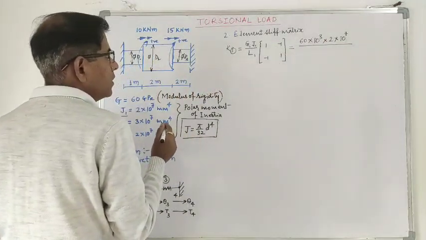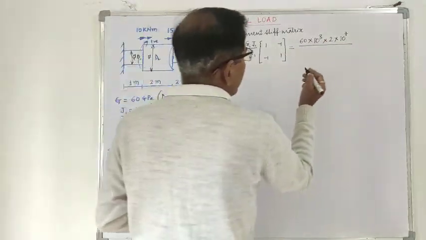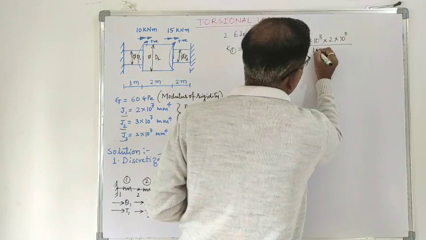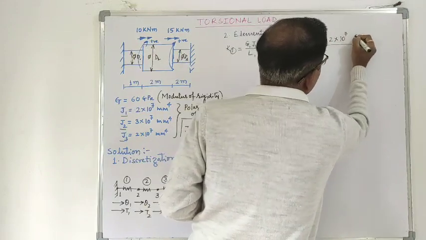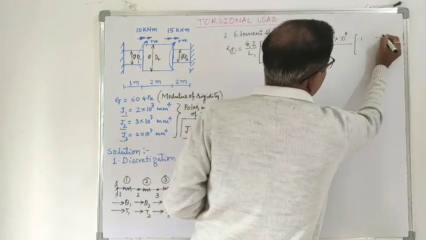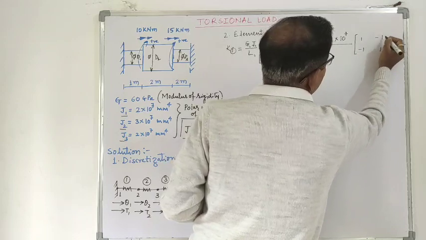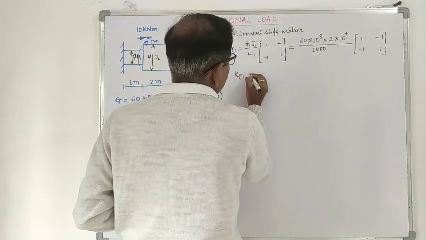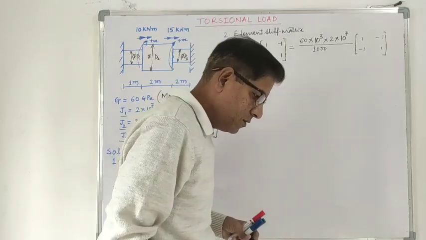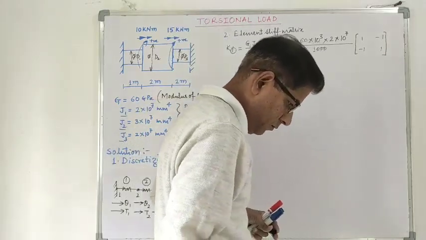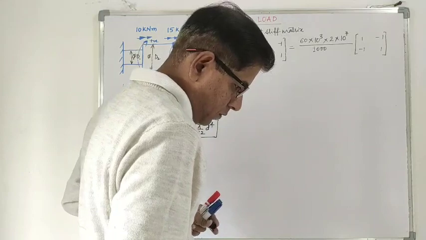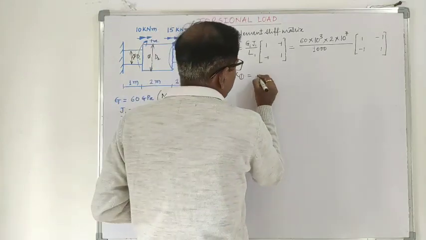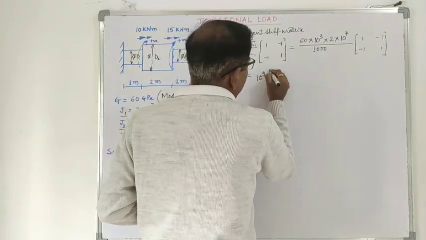Divide by L1. L1 is given as 1 meter, so convert it into mm, so 1000. So it is 1 minus 1 minus 1 1. And this K1 is calculated as: we kept 10 to the power 9 outside the bracket.